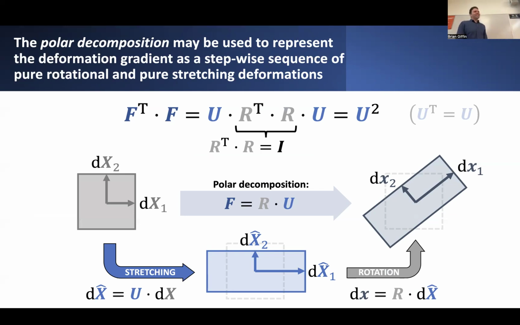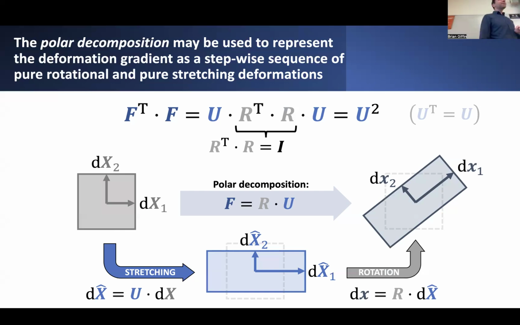Now, imagine a fictitious scenario in which we actually constructed another intermediate configuration that has, again, no physical intuition behind it other than it's just defined for the sake of convenience, in much the same way that the element's parametric domain is a fictitiously defined third configuration that we might consider.